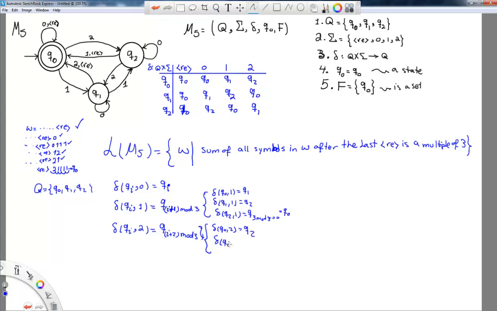Delta of Q sub 1 and 2 goes to Q sub 1 plus 2 mod 3, and I'm going to represent mod with the C++ notation for it, which is going to be Q sub 0, and you see it here. And finally, delta of Q sub 2 and 2 is going to be Q sub 2 plus 2 mod 3, which is Q sub 1. And there you are.